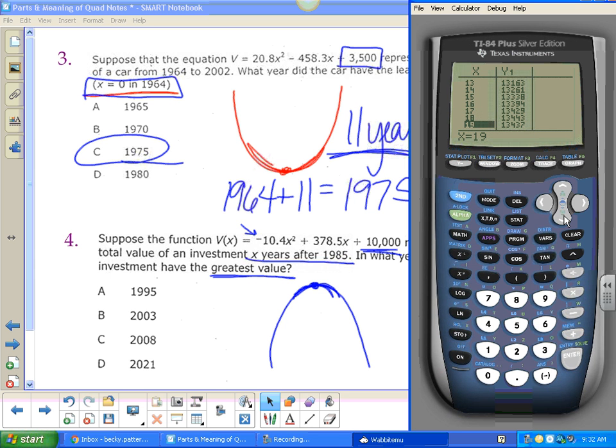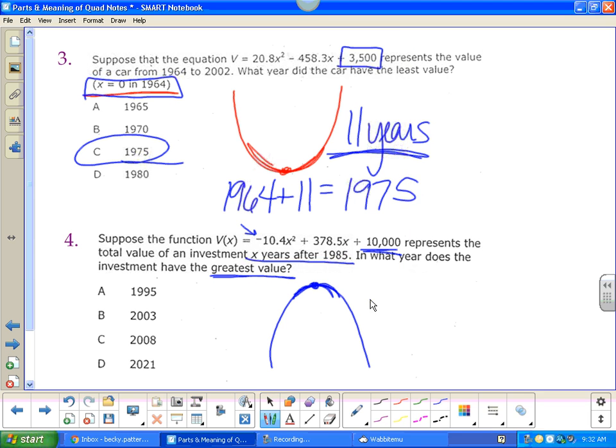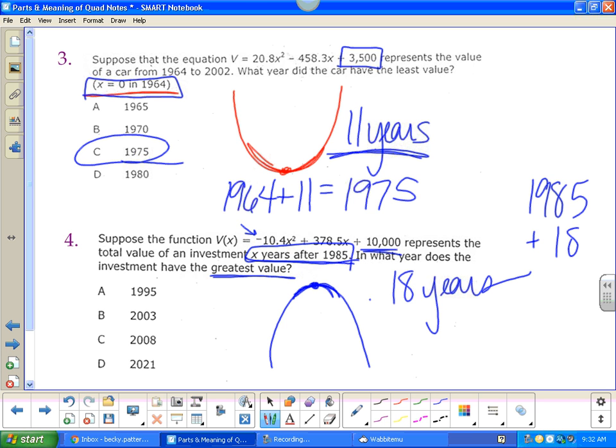Oh, went back down. It went from $443 to $437. So it peaked right there at 18. So 18 years. Well, these are years after 1985. So 1985 plus 18, 2003.